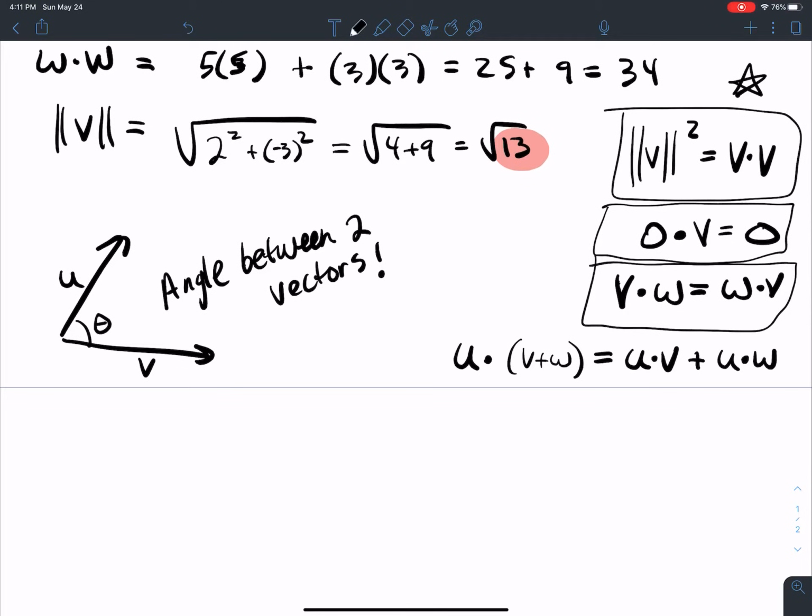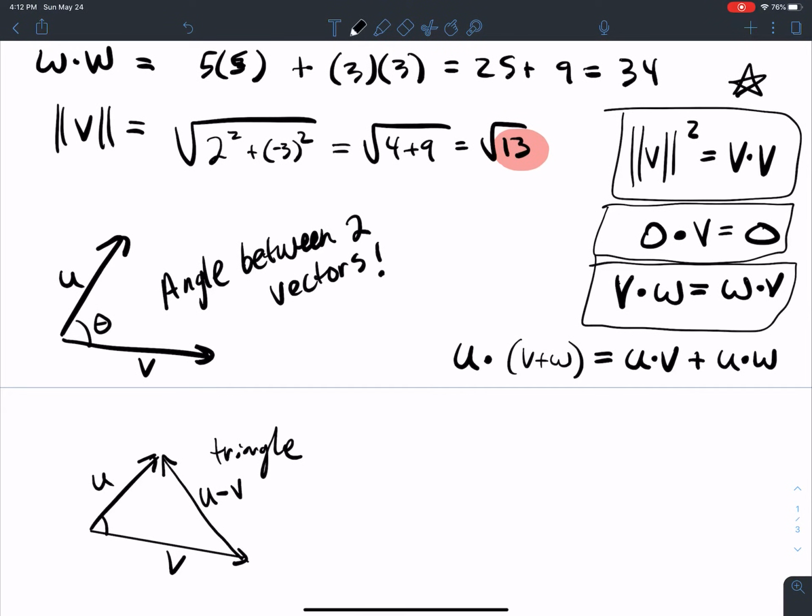If I formed a triangle here, so if I had some u and some other v, and then to get back over this way, this would be u minus v, right? So that's a triangle.